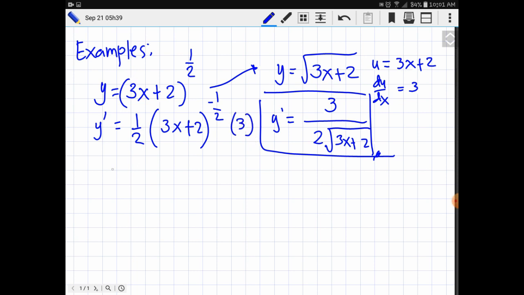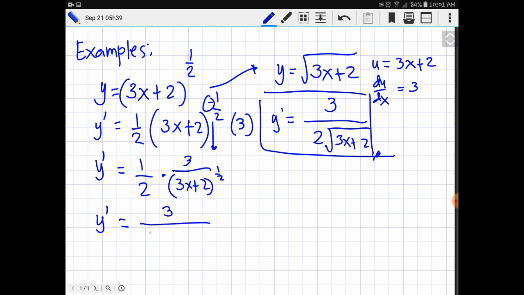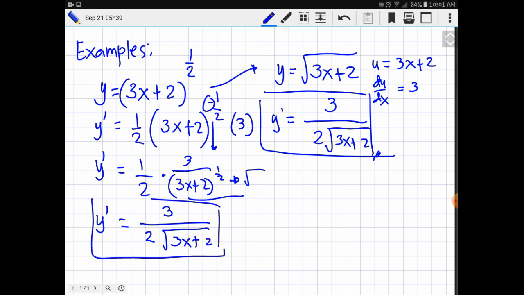Simplifying further, this will give us 3 over 2 times 3x plus 2 raised to 1/2. Then I can transpose it back into a radical, so that would be 3 over 2 square root of 3x plus 2. And we got the same answer as this.